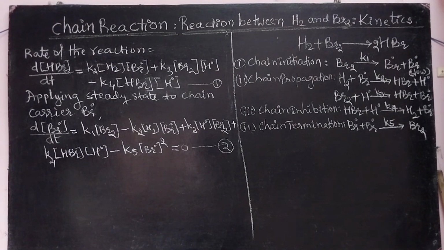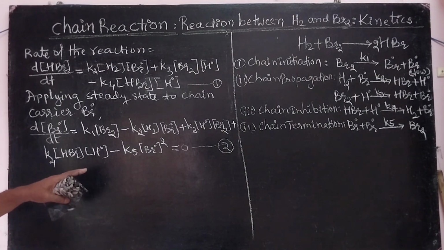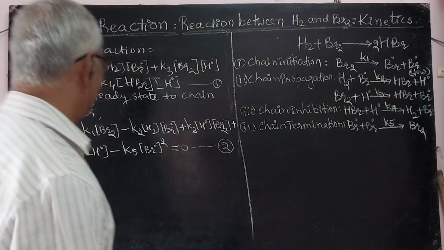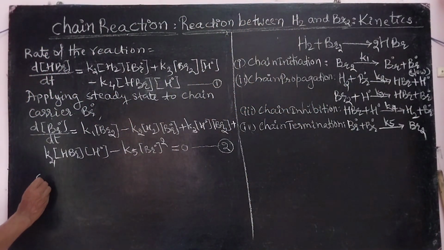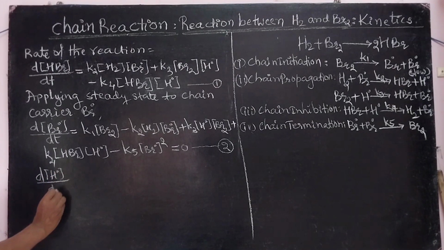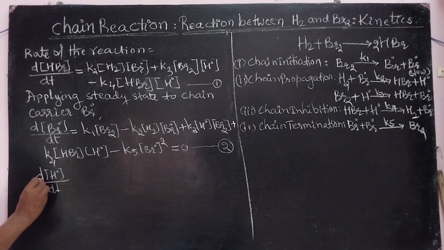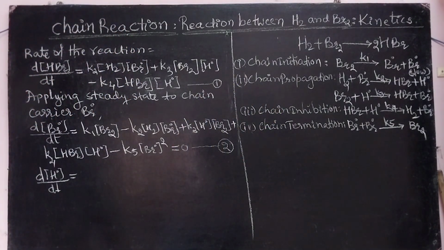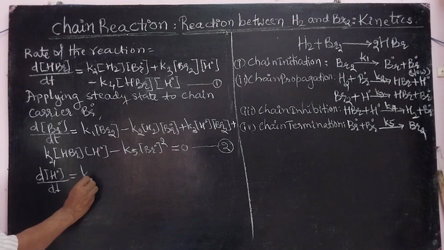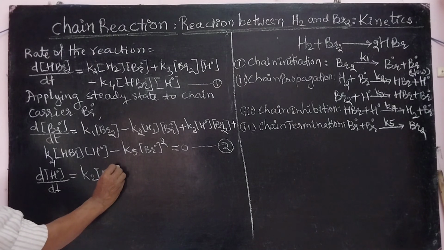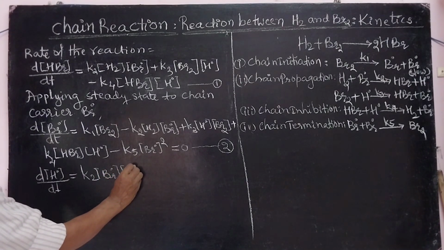Similarly, we may apply the steady state to the H dot also. H dot is also one intermediate here. Then d of H dot divided by dt is equal to, H dot is formed by this step, that is K2 into concentration of Br dot into concentration of H2.